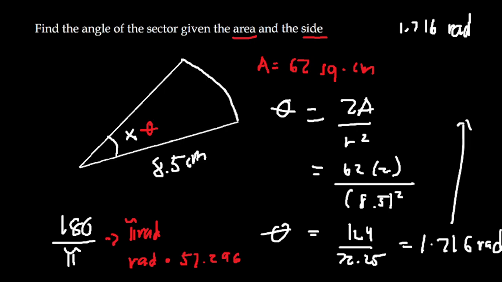One radian is 57.296 degrees nga. So, if the given is in radians, we want to multiply it by this constant, 57.296 degrees. So, okay, let's multiply.